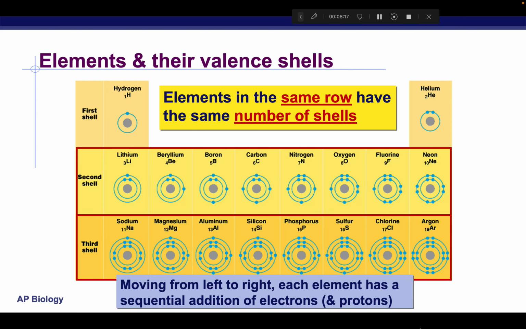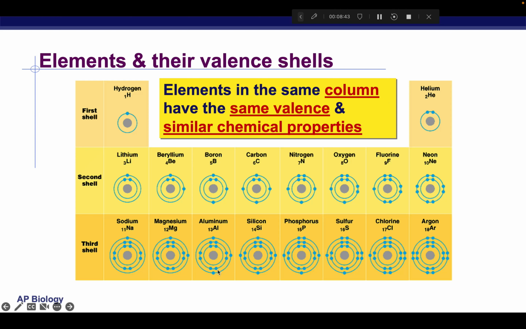If we go from the left side of the periodic table to the right, each element has an additional valence electron. So look at this first column, all of them have 1, 1, 1. In the second column, 2, 2, 2, then 3, 3, 3, all the way up to 8.